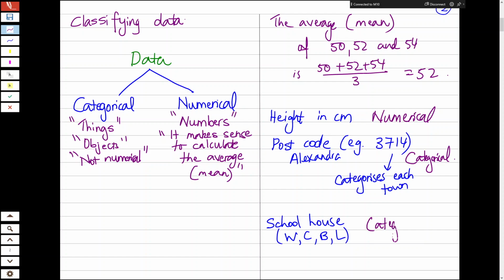There are no numbers here, so it's pretty obvious. We don't even have to decide whether it's numerical or not here. Okay? All right. You guys all right with this? Okay, let's move on. We're going to add 2 more branches to this tree.